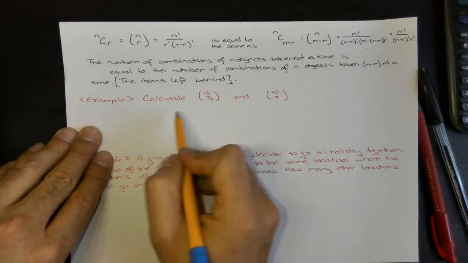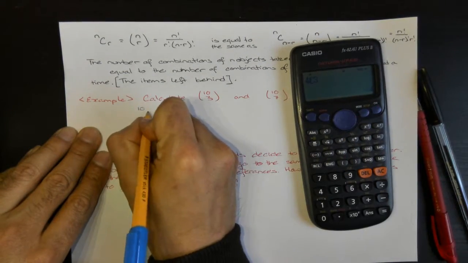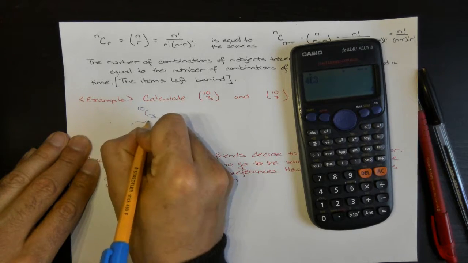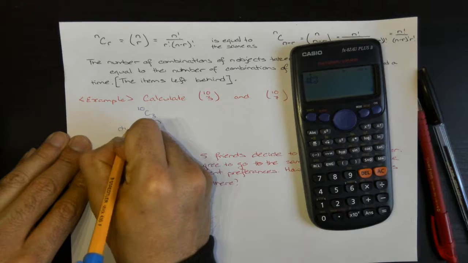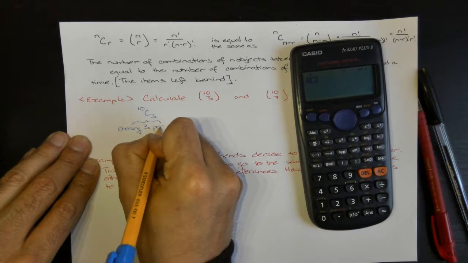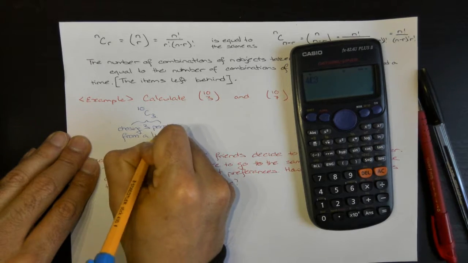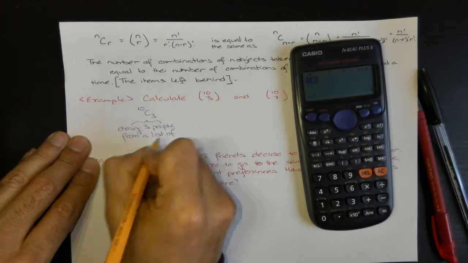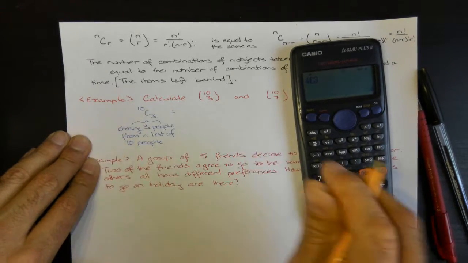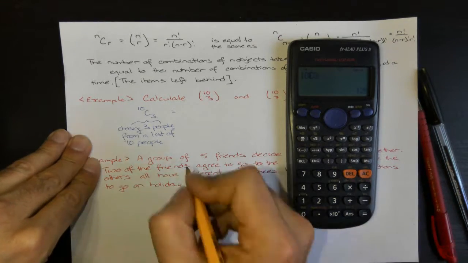Let's check. So calculate 10 choose 3. It means choosing 3 people from a list of 10. So 10 choose 3, we get 120.